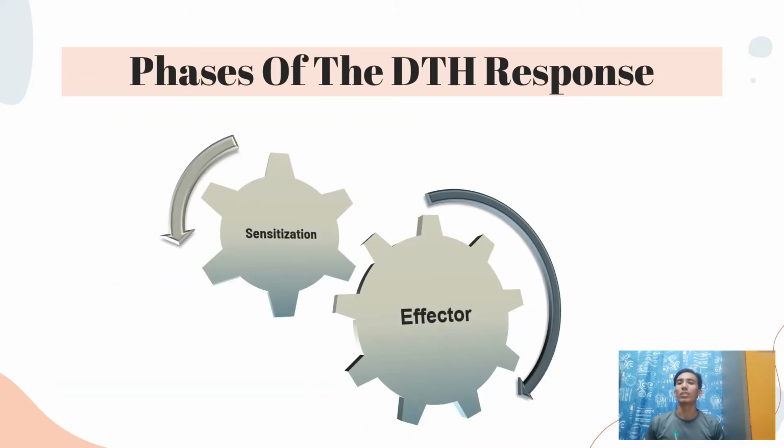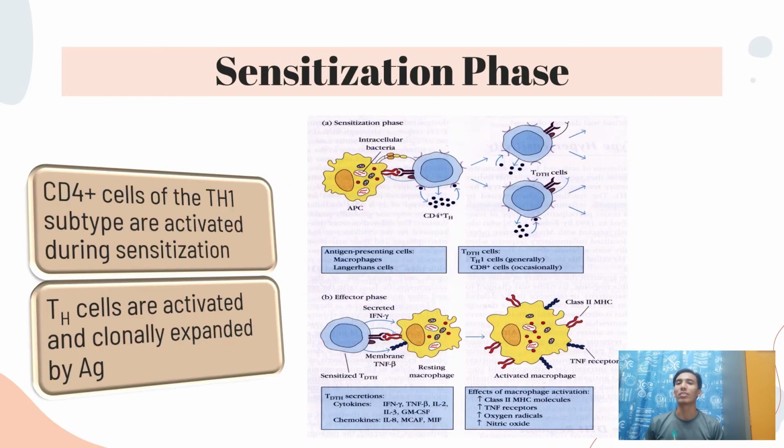Now we go to the DTH response, which has two phases. The first phase is sensitization and the second is effector. The sensitization phase occurs 1 to 2 weeks after the primary contact with the antigen. What happens during this phase?